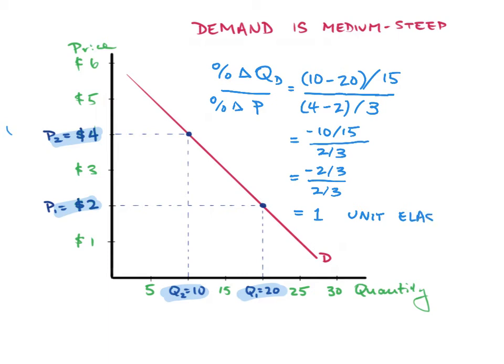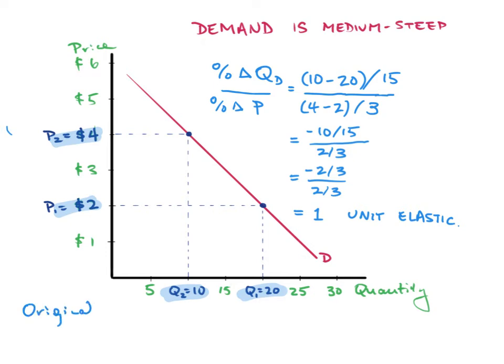Okay, and the thing I'm going to point out is what happens to revenue when demand is unit elastic. At the original price, remember revenue is price times quantity.